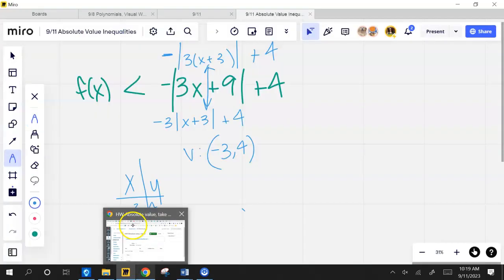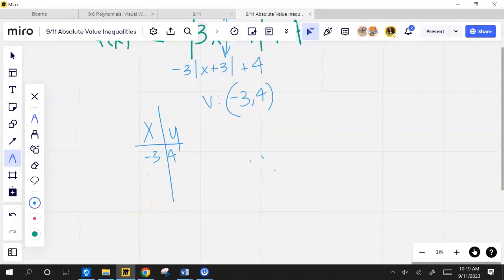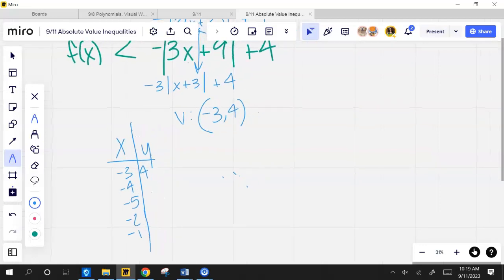So maybe negative 4, negative 5, and then bigger, maybe negative 2, negative 1. Okay, y'all need me to show you how to do this.